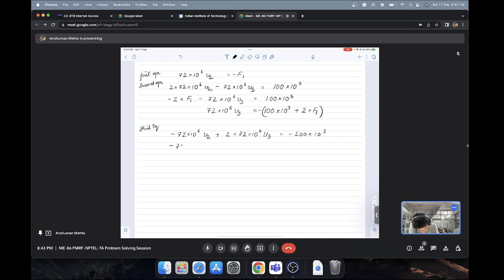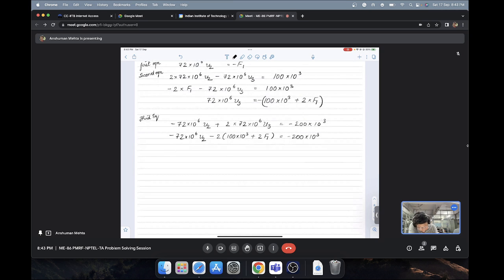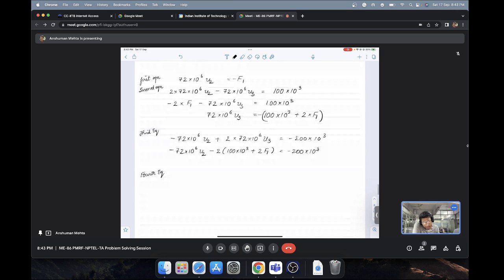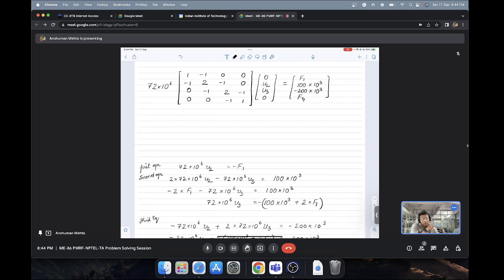So actually minus 2 into 100 into 10 raised to power 3 plus 2 f1 is equal to minus 200. And the fourth equation is regarding u3 and f4.